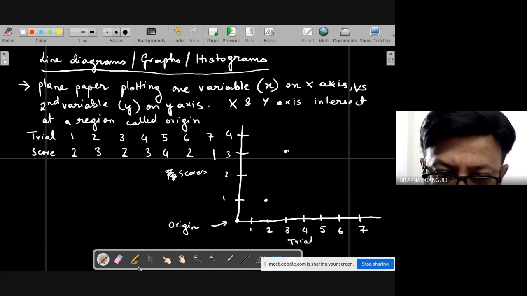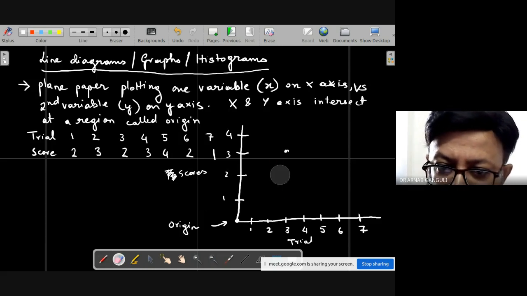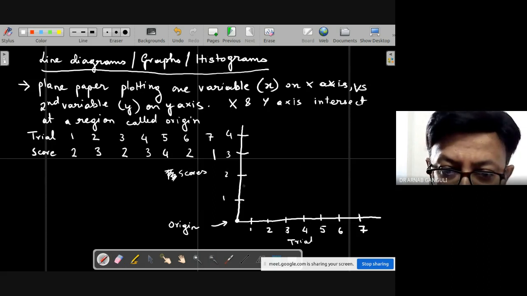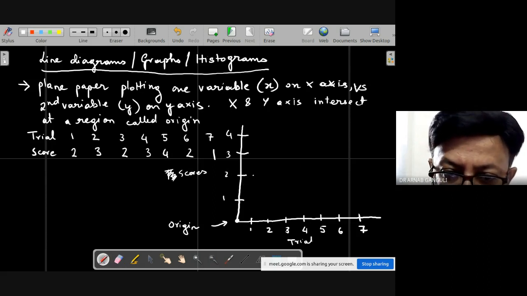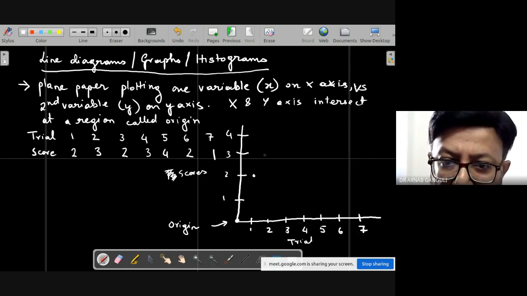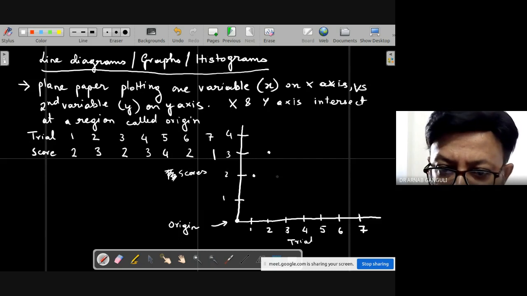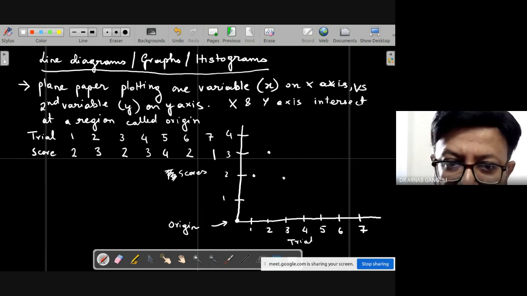Oh, sorry, I'm drawing it wrong. Let's draw it again. Trial 1, what was the score? 2. Trial 2, what was the score? 3. Trial 3, what was the score? 2. Then trial 4, score was 3.